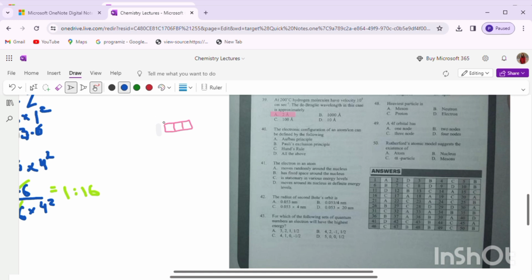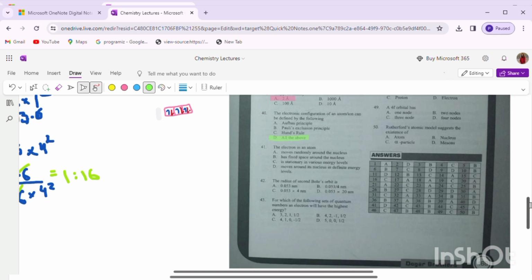Initially I need to give one electron to every orbital, with the same spin. Then if I have electrons left, I need to give from the starting one, with opposite spin. So this is how we fill, which is Hund's rule. So we can define the electronic configuration by all of these rules. So the answer is all of these.